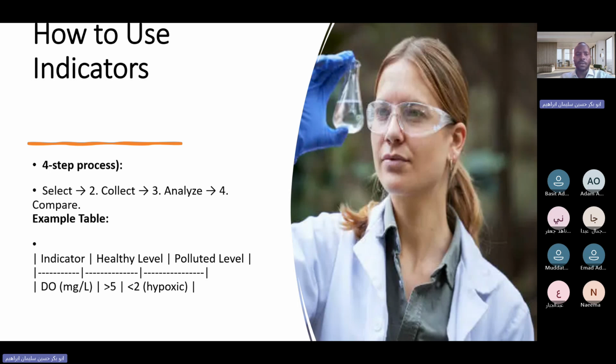If it is high, that is good. It should be more than 5 milligrams per liter. Additionally, if it is less than 2 milligrams per liter, that means hypoxia. That means the oxygen is not enough.